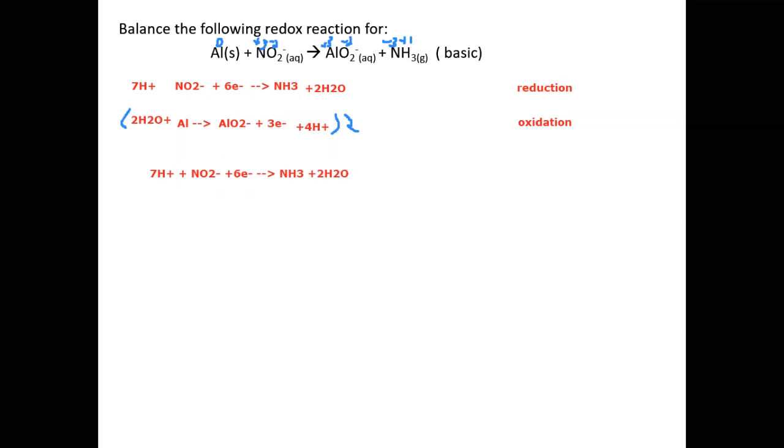Now we write the second one. And notice that the overall charge is 0 on both sides for the reduction half reaction. And it is 0 for the oxidation. So now we need to cross out like terms and add the 2 reactions.